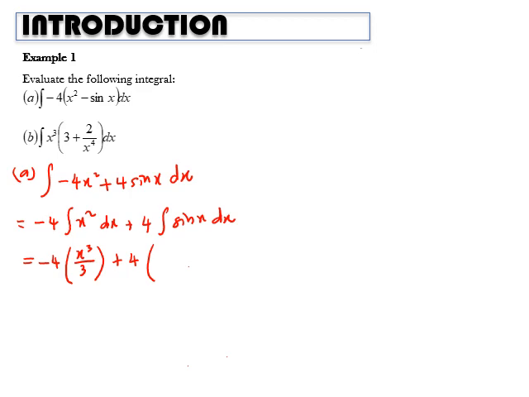If we differentiate cos x, we'll get negative sin x. So if we want to integrate sin x, it must be negative cos x, because there's no negative here, so there must be a negative here. So it will be negative cos x plus c.